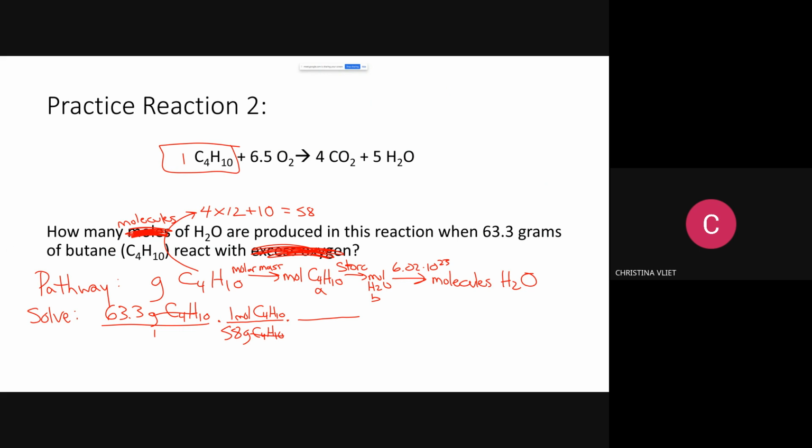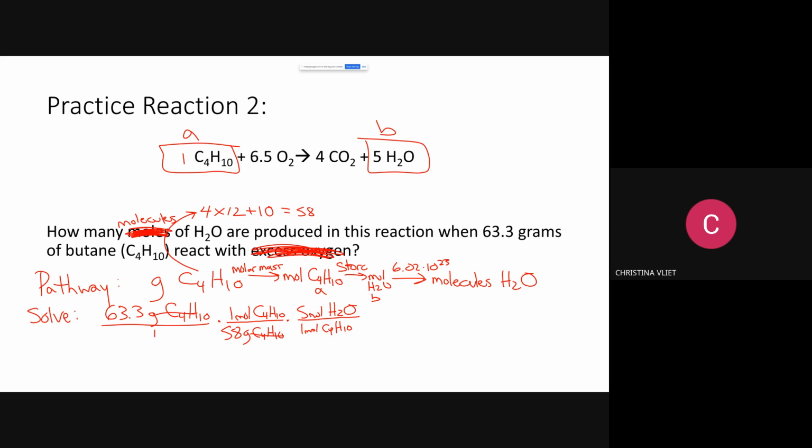And we find our B. A and B. So what goes on the bottom, what goes on the top for your stoichiometry? 1 mole of C4H10, because that comes from there, and then 5 mole of water because that comes from there. That's the conversion. That's our step 2, but that gets us here.